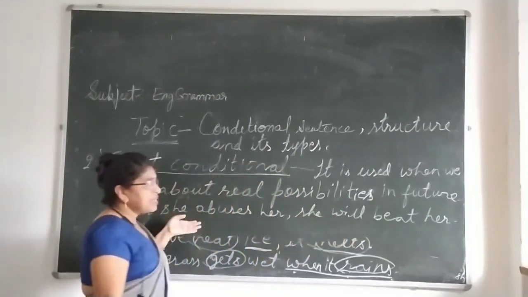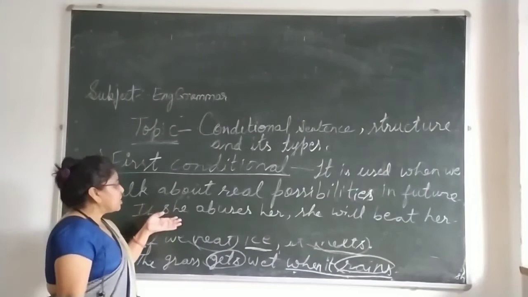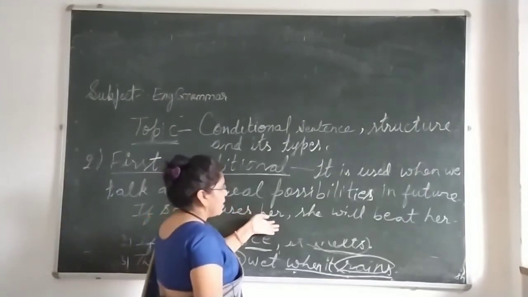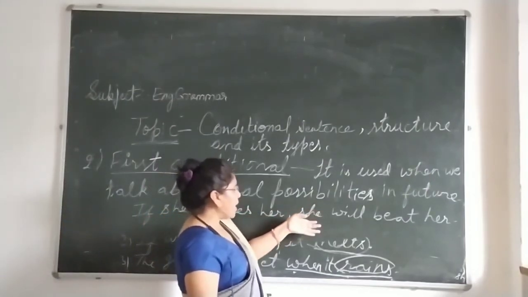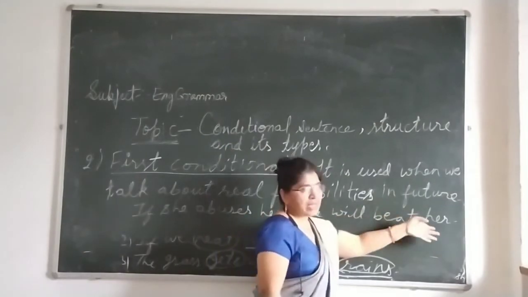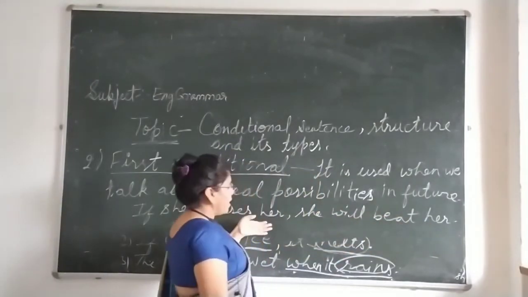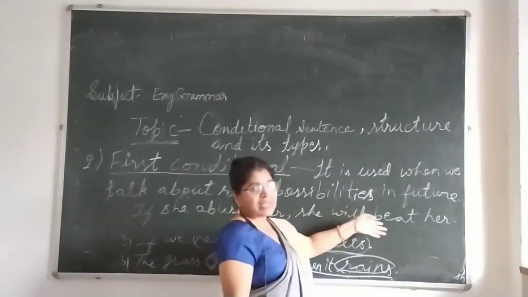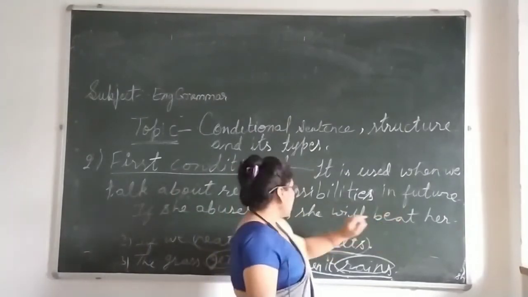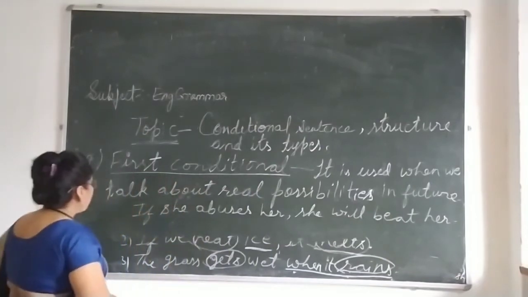She abuses her, and after that the action that took place is she will beat her in future. Possibility is there. If a person is abusing, the other person can beat her. Okay. One more example I will take.